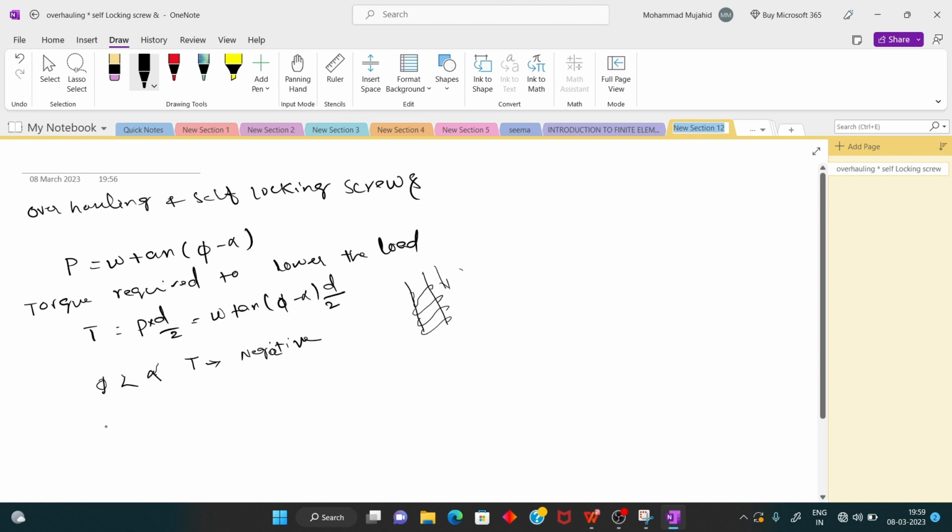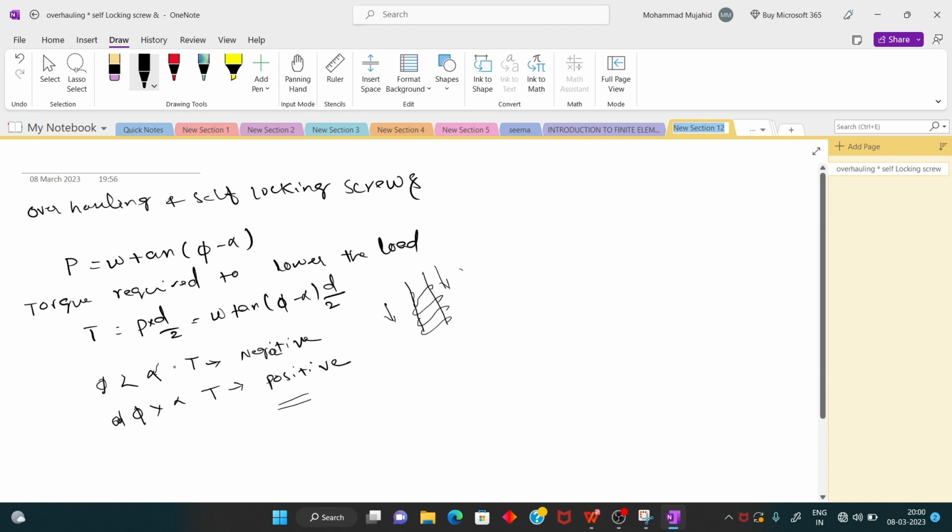In the same way, if phi is greater than alpha, then the torque will be positive. Then the torque required to lower the load is positive, so you need effort to lower this load. That is, effort should be applied to lower the load. That condition is called the self-locking screw.